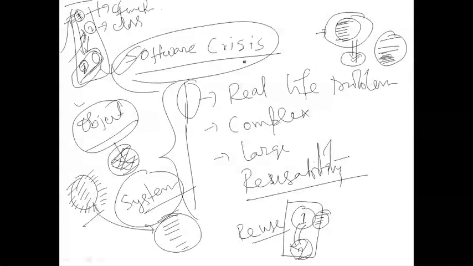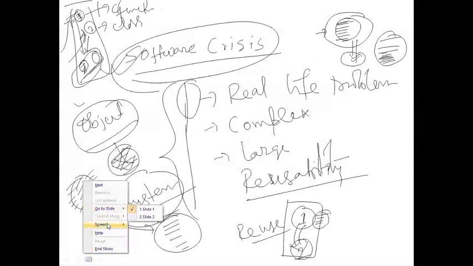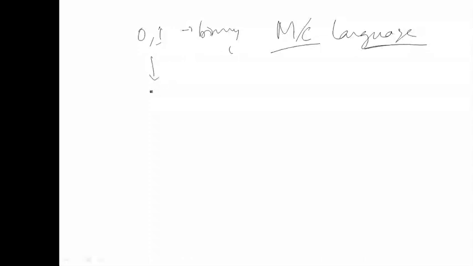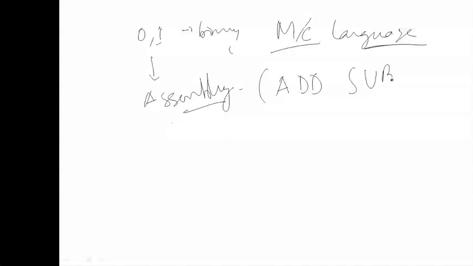So we started from 0 1, that is called binary, that is machine language. And from that we go to the assembly language, that is your add, subtract.